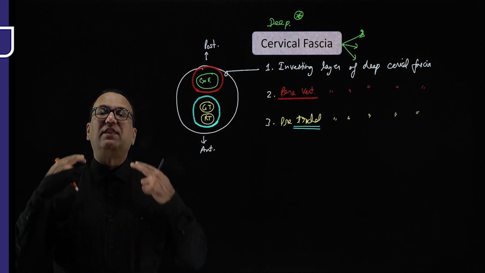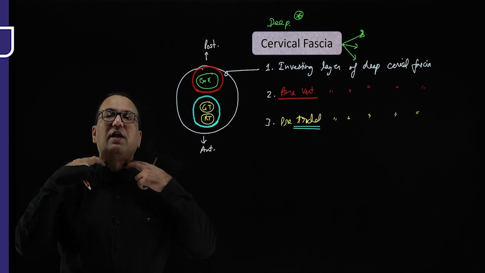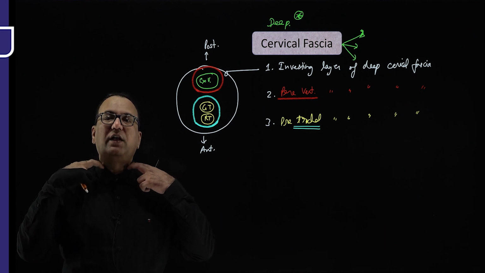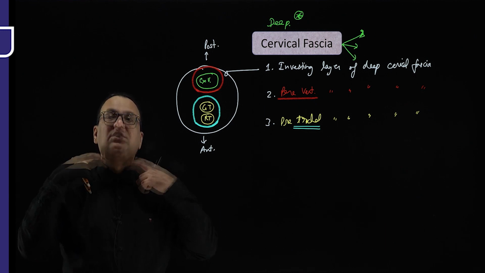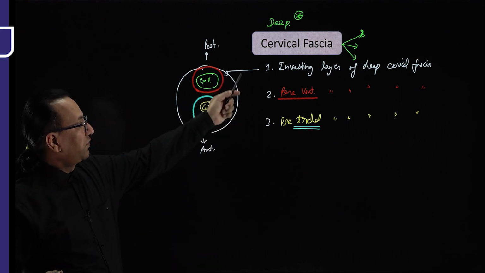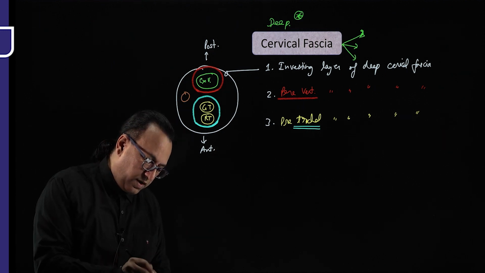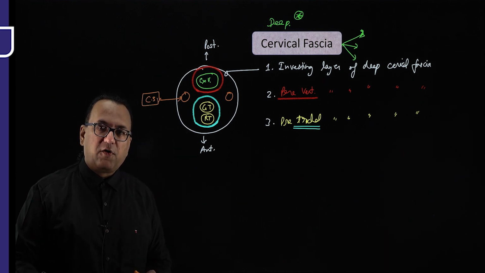Plus we understand there is a carotid sheath in the neck region around the carotid arteries. And this carotid sheath will not only have the carotid arteries, it will also include the internal jugular vein and the vagus nerve. This carotid sheath is getting contribution from all the three layers. As you can see here, there is going to be one carotid sheath on either side, and this carotid sheath is being contributed by all the three fascia.